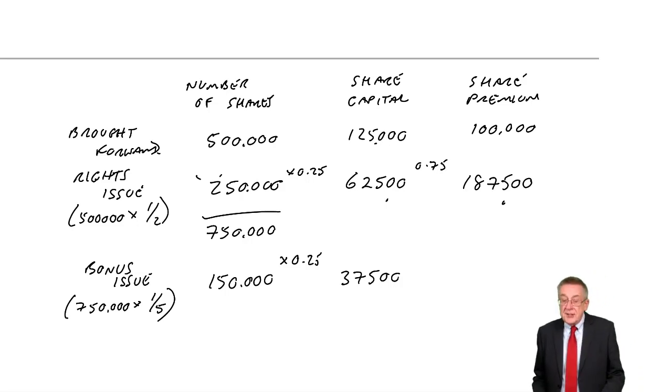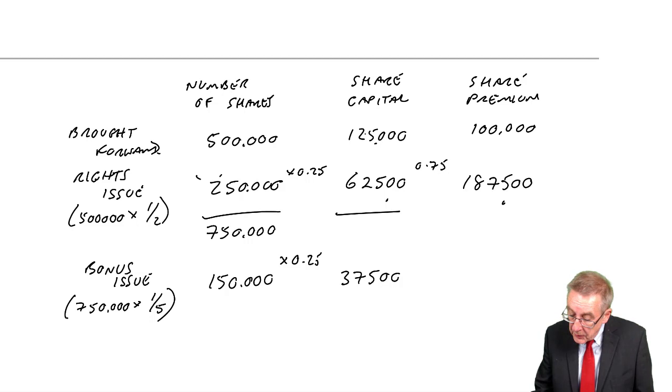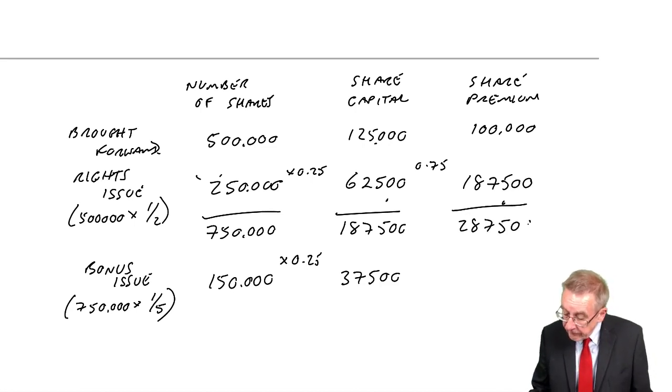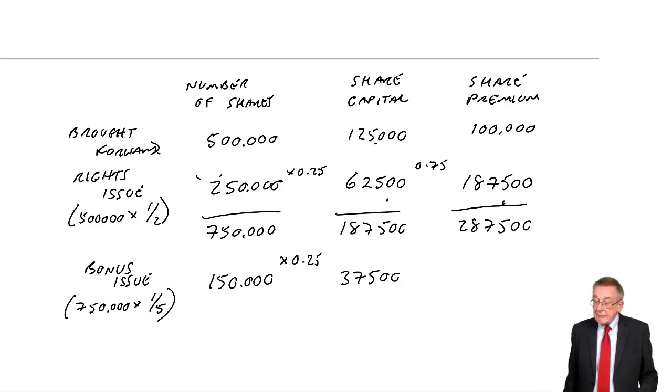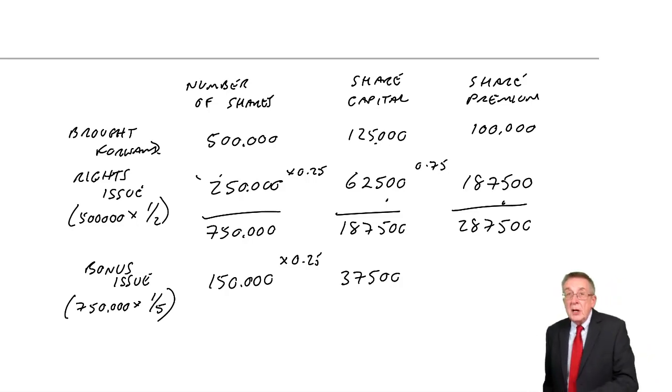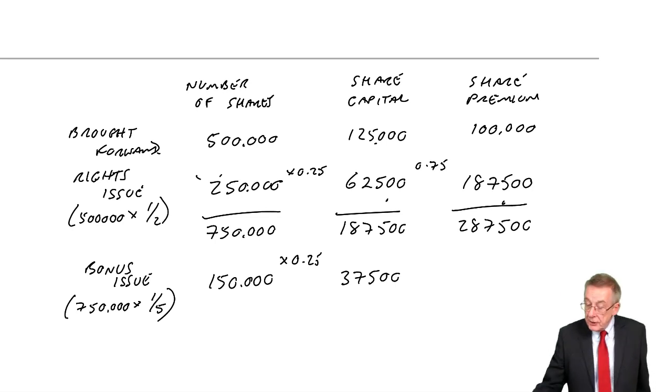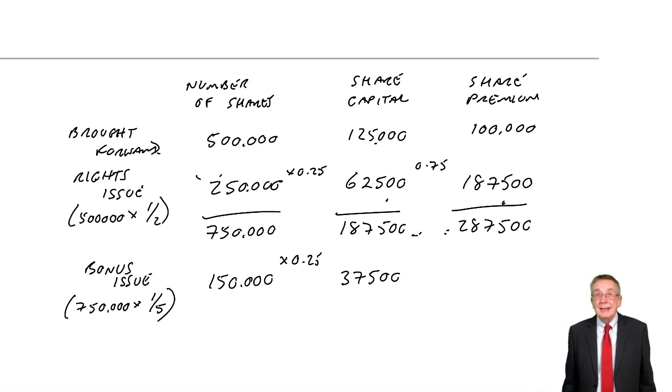Before we made this issue, shareholders were owed, what's the total there? 187,500 on share capital, on share premium 287,500. So before we made this bonus issue, the total owing to shareholders on the statement of financial position would be the total of those two together.